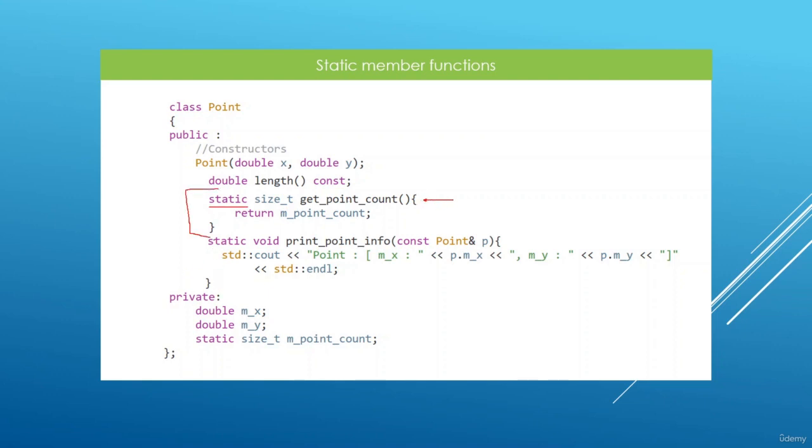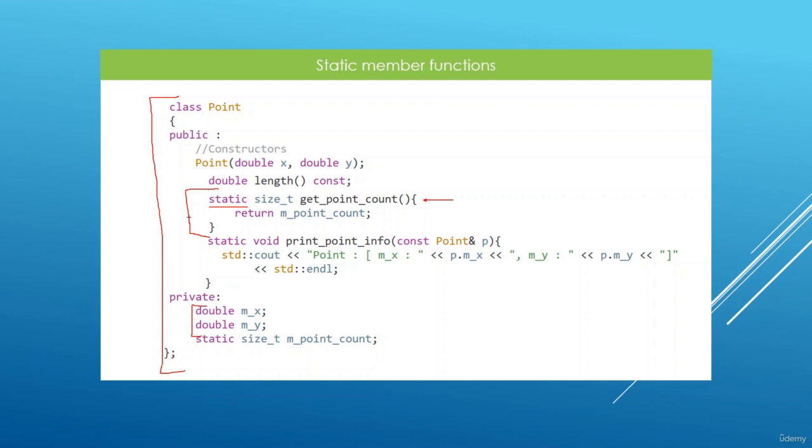And the moment you do this, the member functions are going to be associated with the class blueprint. They are not going to be associated with the class object. This had a few consequences, the big one being that inside the static member function, you're no longer allowed to modify or access the member variables directly because the static member function doesn't know which member variable it's going to access.